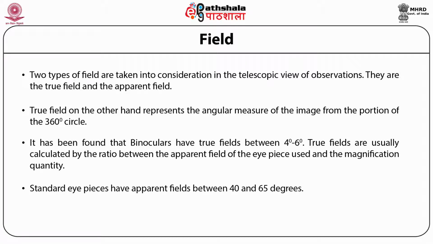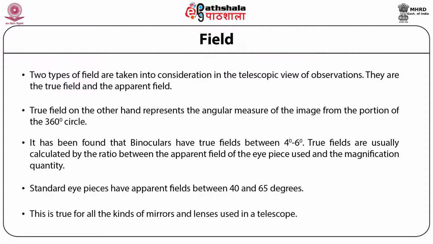For any telescope, the correct figure drawn and the focal length of its main optical elements are the primary physical descriptors of the telescope. This is true for all kinds of mirrors and lenses used in a telescope. If these two things are up to the mark, then be sure that the performance of the telescope will be good.